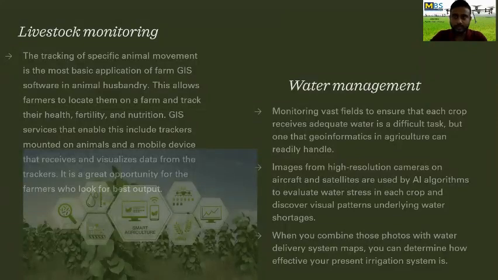That is impossible in our traditional farming, but using that technology now they can determine the water requirement of each crop, and then can provide solutions. Therefore, it helps the farmers to put more attention on those fields, and after that it gives them more output.